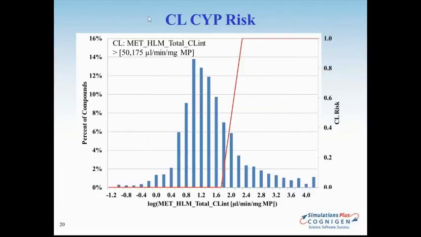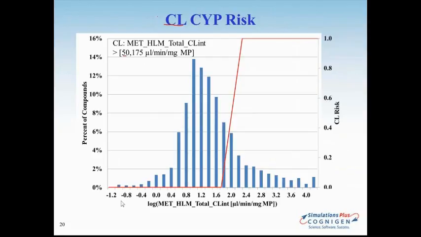So we also added a CYP risk rule for clearance by, again, plotting the World Drug Index subset that we use for all of our ADMET risk rules. For this one, if the clearance is below 50, you're not penalized at all. So this is represented by this red line here, which uses this axis over here.